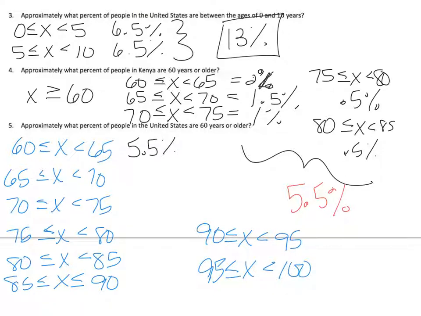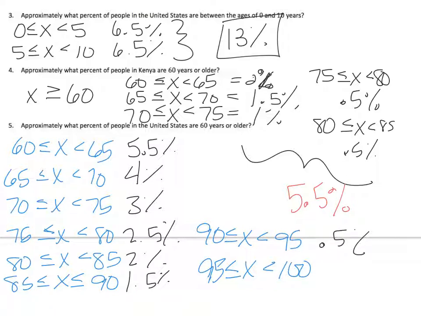Percent. 65 to 70, about 4%. 70 to 75, about 3%. 75 to 80, 2.5%. 80 to 85, 2%. 85 to 90, about 1.5%. 90 to 95, about 0.5%. 95 to 100, 0.25%.